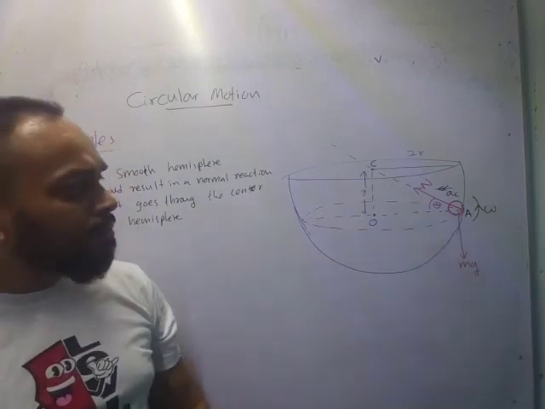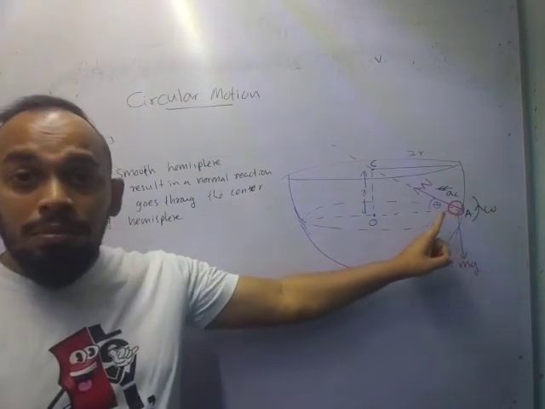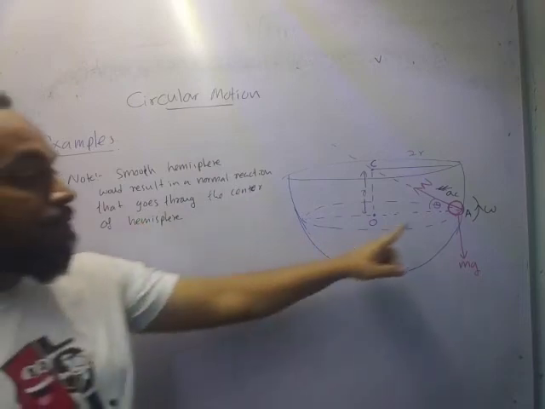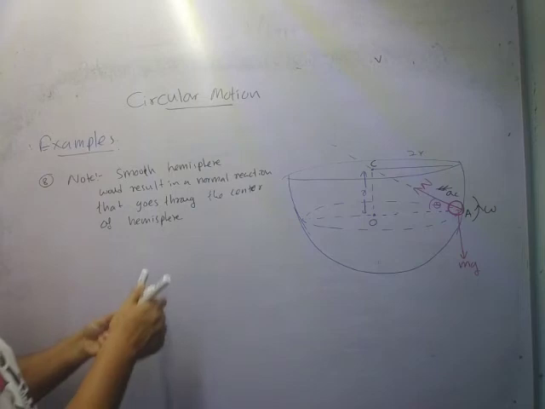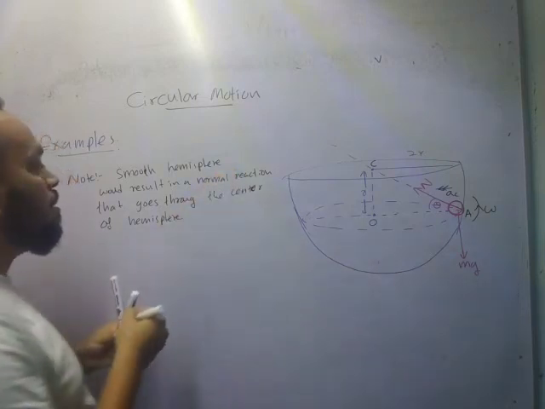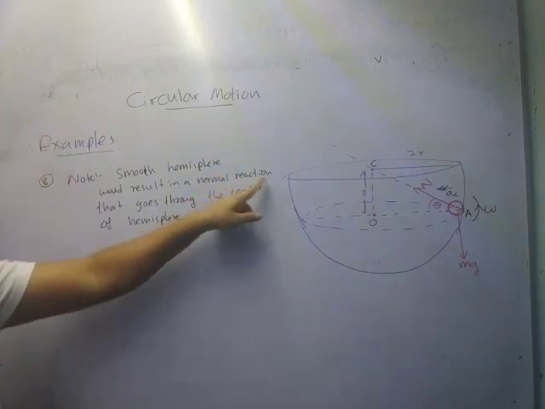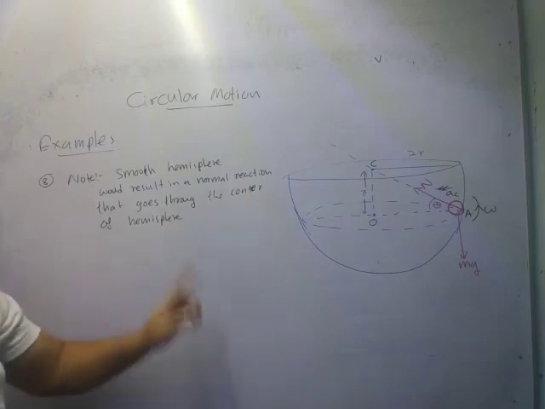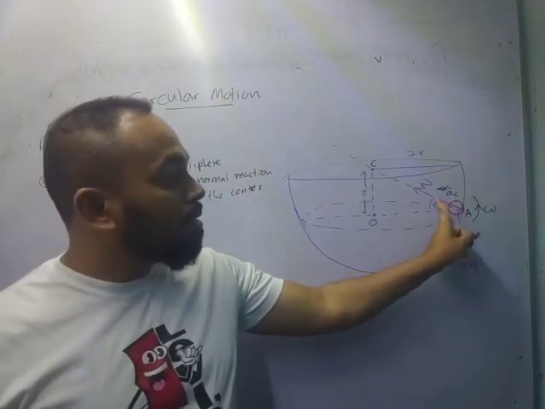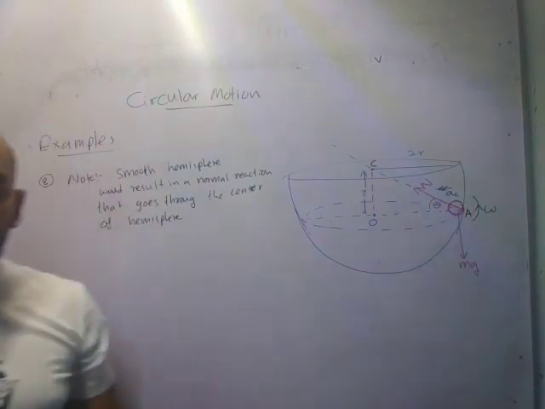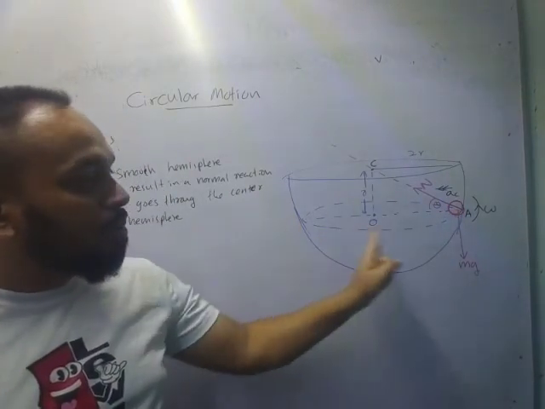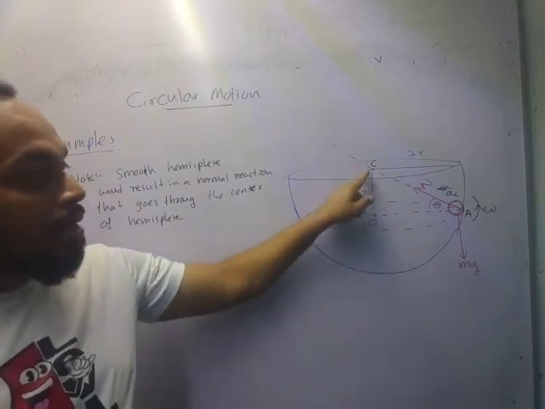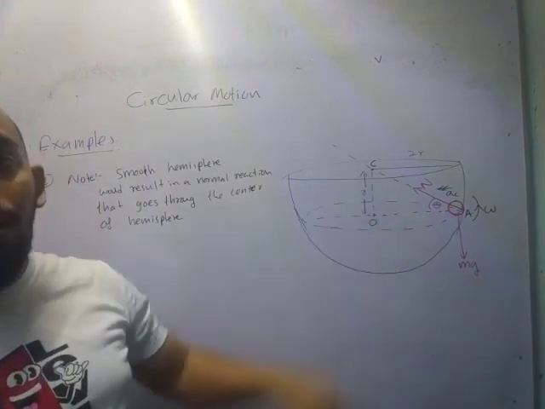Since it is a smooth hemispherical bowl, the normal reaction will go through the center of the hemisphere. They say that this circular motion takes place at depth r below the center of the hemisphere.